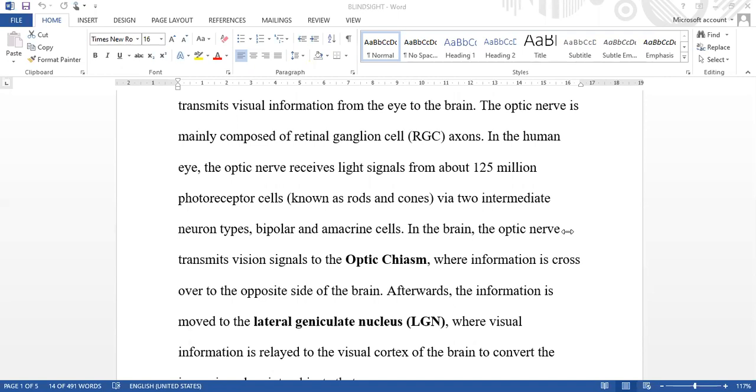So as Godwin said, we normally say that the thalamus is the relay station, meaning that it projects sensory information to the higher cortex. The moment the optic chiasm moves the information to the thalamus, we have a specific area in the thalamus solely for vision, and we call it the lateral geniculate nucleus.